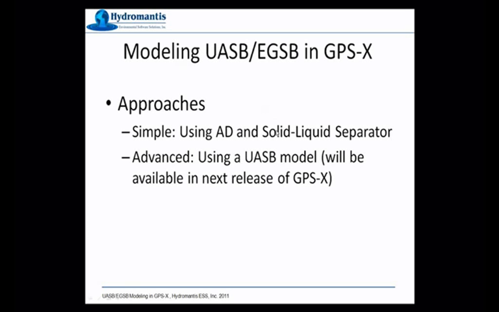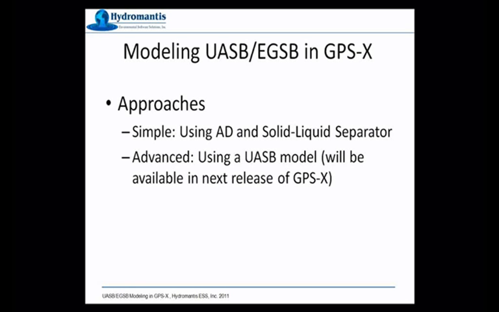In a second approach, which we are trying to develop now and should be available to everyone in the next version of GPSX, we are developing a dedicated UASB object with a UASB model inside that particular object. This is going to be made available to everyone in the next release of the software.